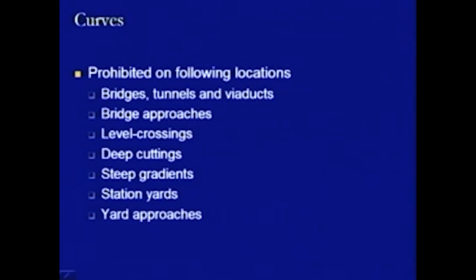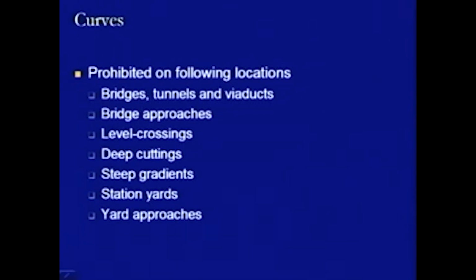The reason is that we would have to increase the size of the bridge, which is a costly construction. Similarly, in the case of tunnels or viaducts, because they are all very costly structures, we have to reduce the overall cost of the alignment. Therefore, curves should not be provided at those locations where tunnels or viaducts are being provided.